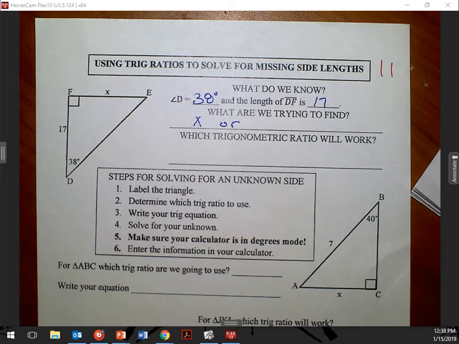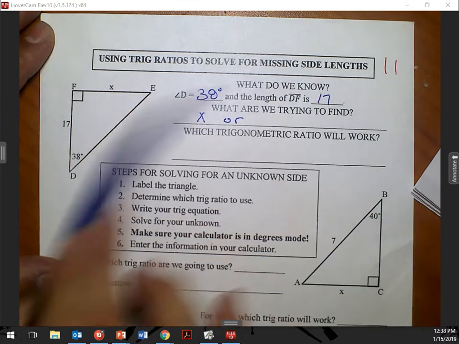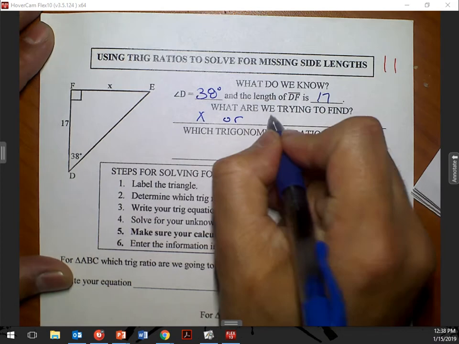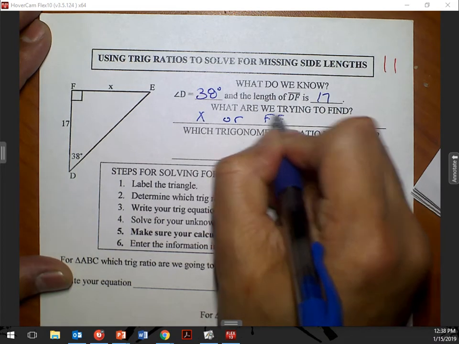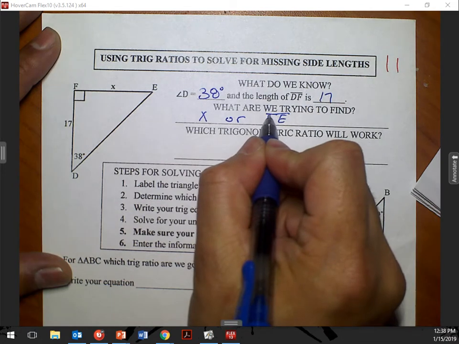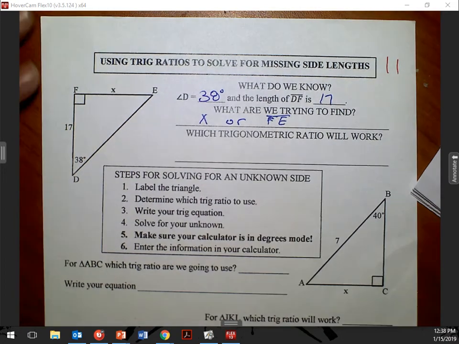Okay, I kind of heard something correct over there. Yes, FE, thank you. Why is it FE? Because it's where the X sign is. That's the side, right? Just like this one right here said DF, I'm looking for FE. So we write FE? Yes. Or EF would also work too.